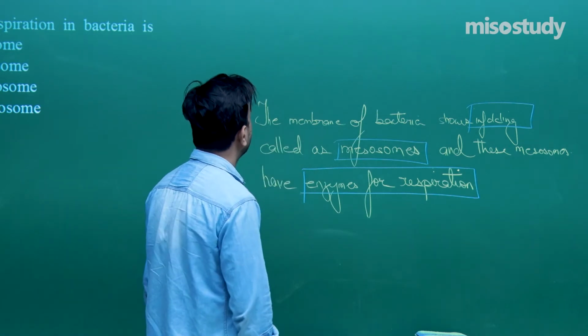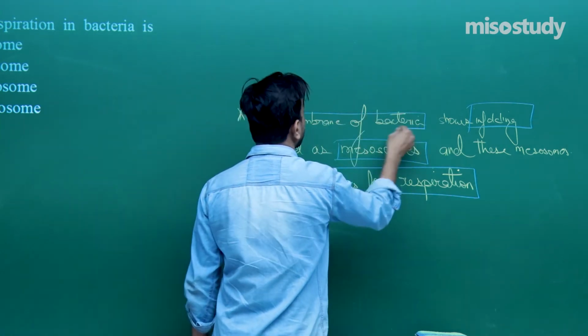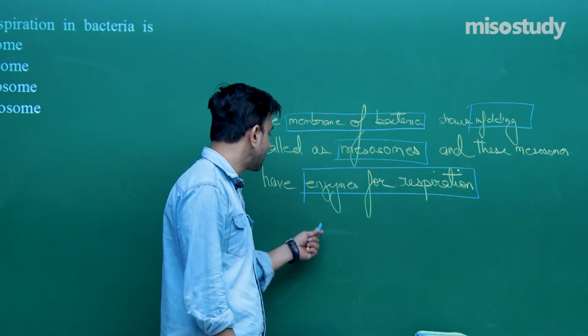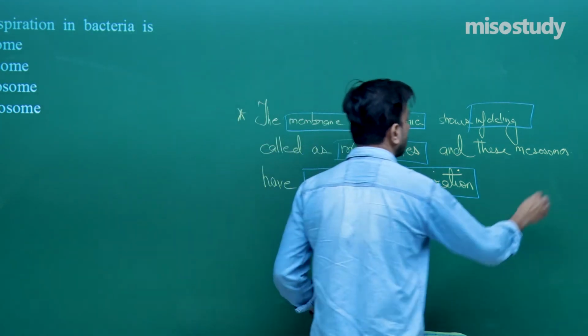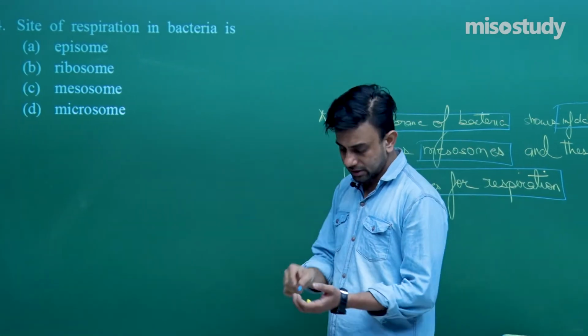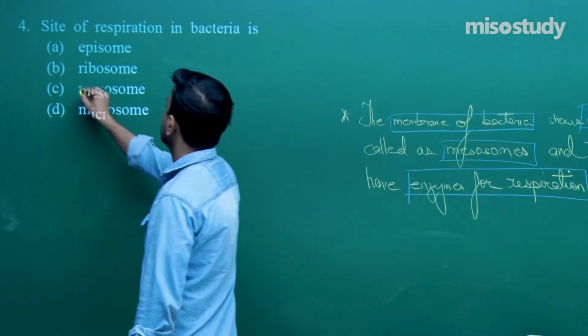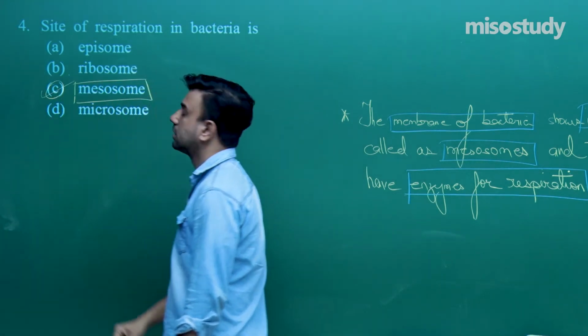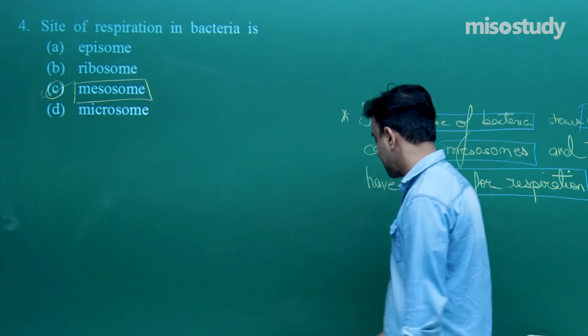So the membrane of the bacteria shows infolding called mesosomes, and these mesosomes have enzymes for the respiration. So the site of respiration in bacteria is the mesosomes. This is the correct option.